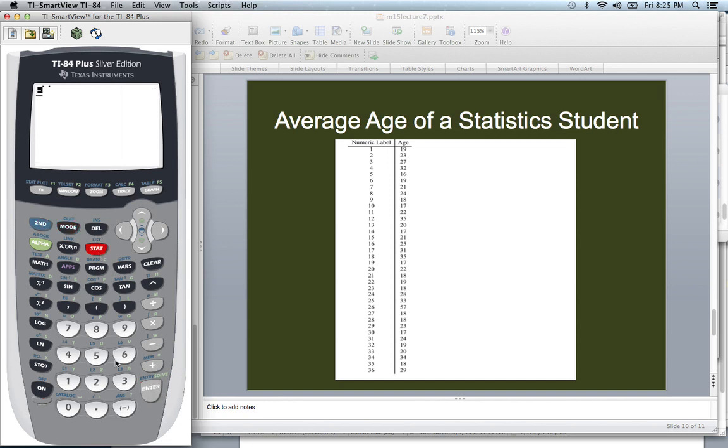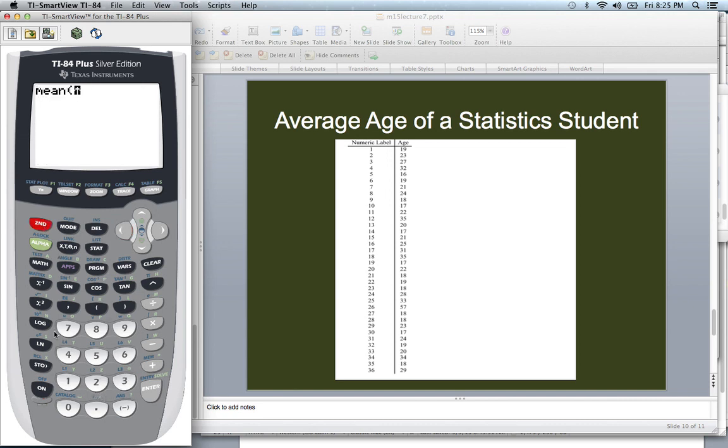Now what should have happened when I go back in and look at that list is it's the same. It didn't get affected because I started to do something within the list editor. I didn't realize I just made an error. I had my cursor in the wrong place when I went to look for the mean function. So I'll second quit to come out of the editor, then go second stat over to math and choose number 3 for mean.